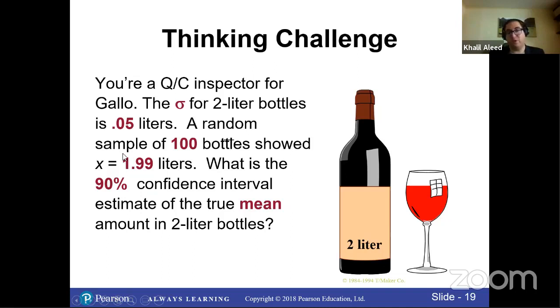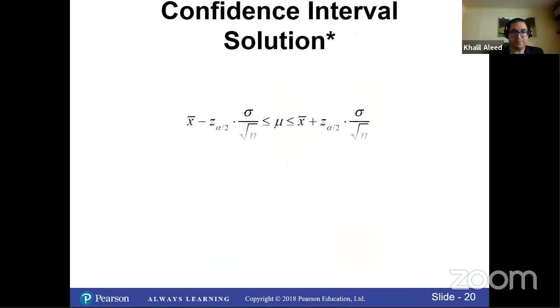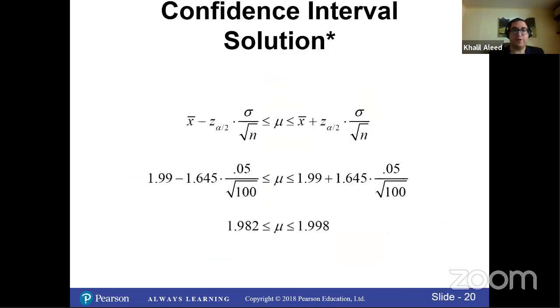Now we are using the sample mean to estimate a population mean, or to test the population mean. We are trying to test if the mean of the population, or mu, is equal to 2 liters. This is a point estimate. It's not an interval. We're trying to test a specific point.